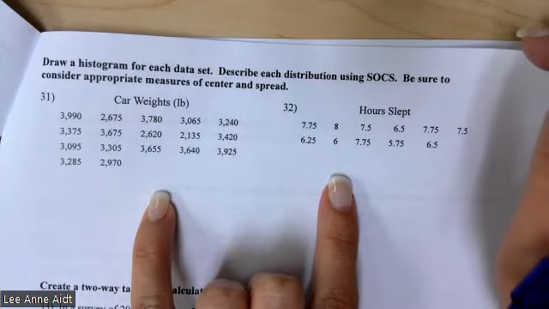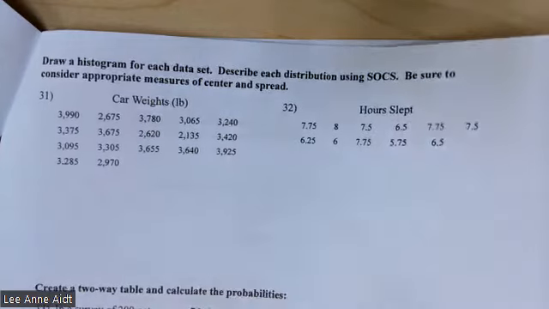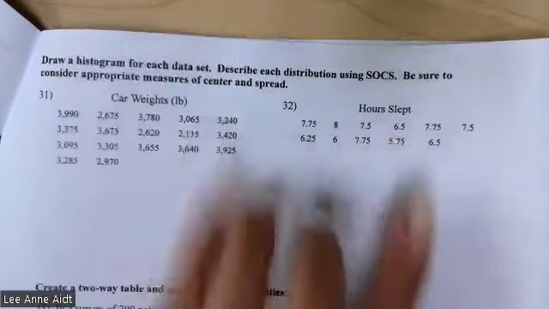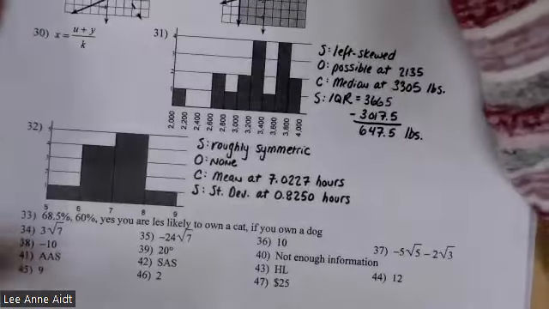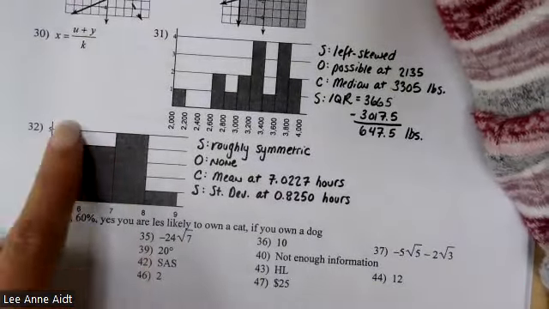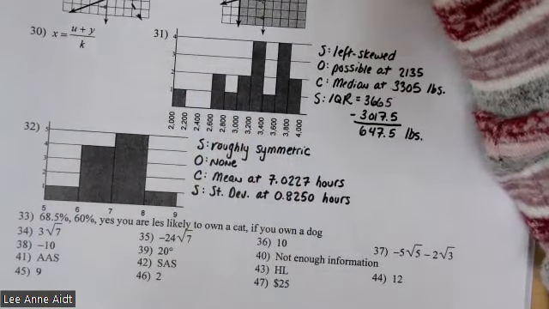It's not asking you to do the whole thing. It's just asking you to do the histogram and describe. If I were you, just because these are weird numbers, I would pop my head over to the answer key and check how they scaled it. I'd still do the histogram myself, but I would check the answer key for the scale before I start. Okay.